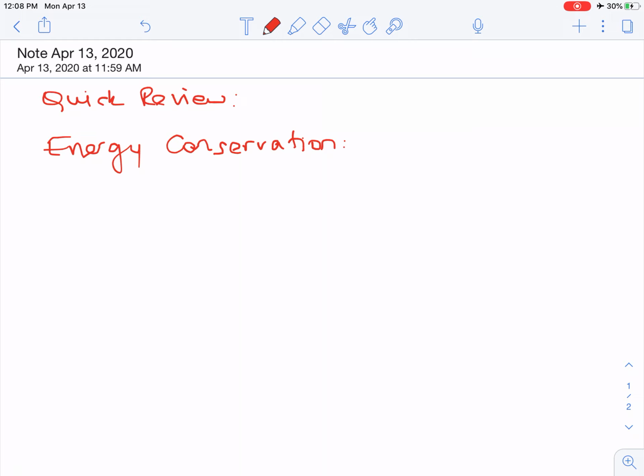And for energy conservation, we apply some methodology, right? So first thing is write down the equation. So the equation is kinetic energy change plus gravitational potential energy change, and then elastic potential energy change, and then internal energy in general terms, and internal energy due to friction, which you can also call thermal energy.